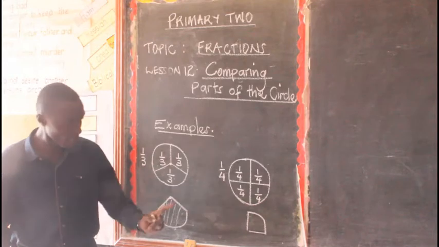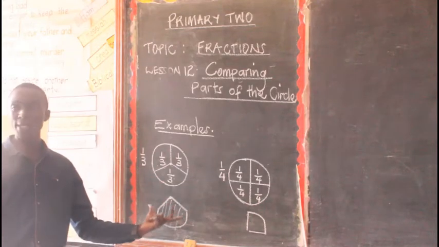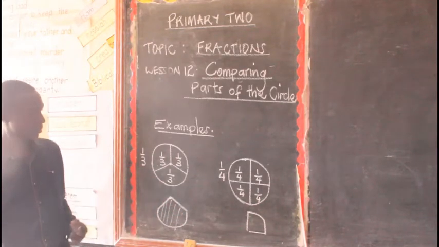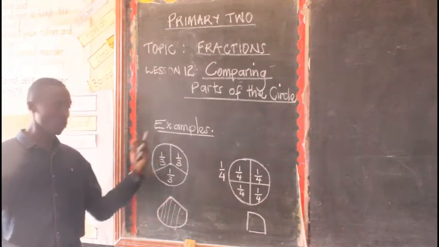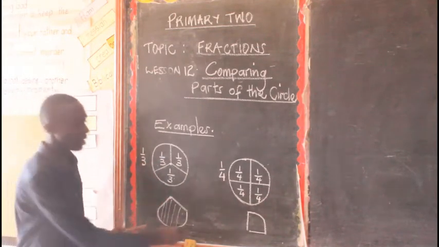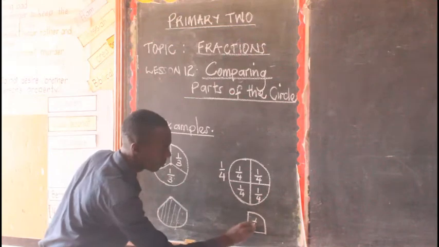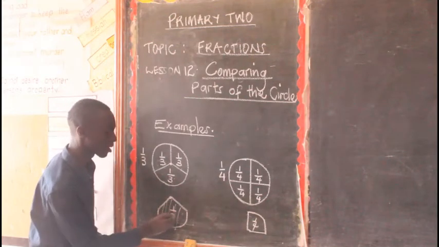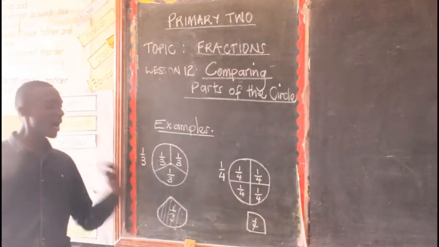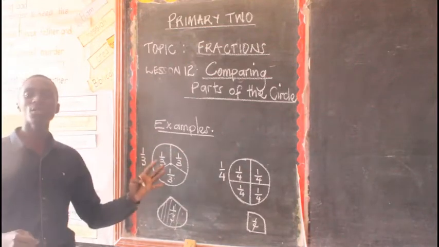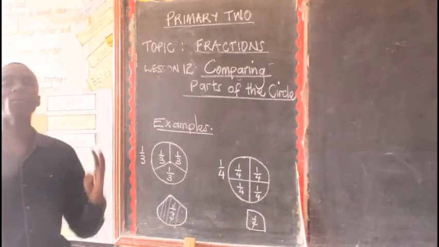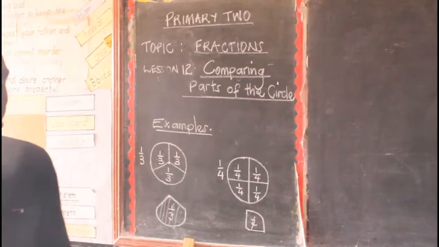If this is a quarter, and this is a third, which part of these circles is greater than the other and which is less than the other?